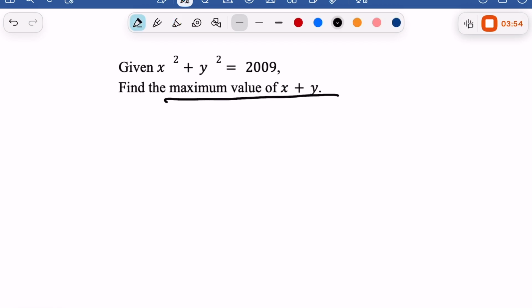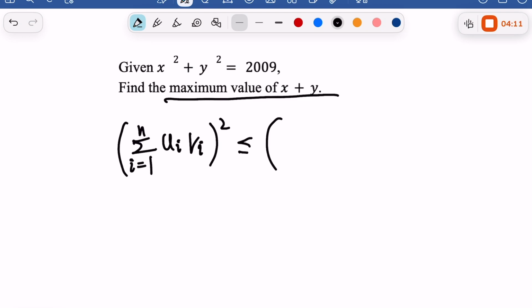So what would that be? The square of the summation of ui times vi is smaller than or equal to the summation of u squared times the summation of all the v squared terms.